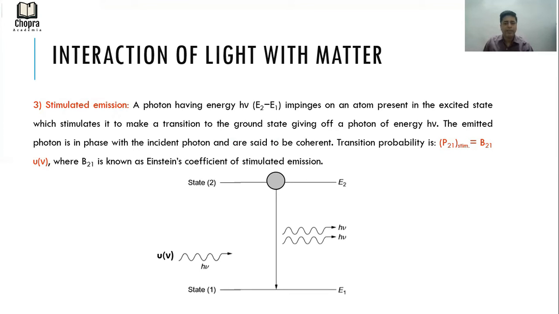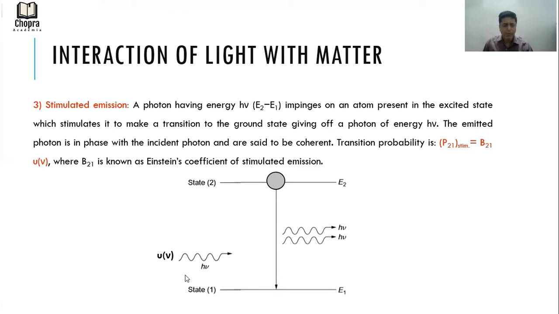The emitted photon is in phase with the incident photon and hence they are said to be coherent in nature. So this photon which impinges on the atom in the excited state forces this atom to fall down and release a photon in the same direction as the incident photon, and both are perfectly coherent with each other.